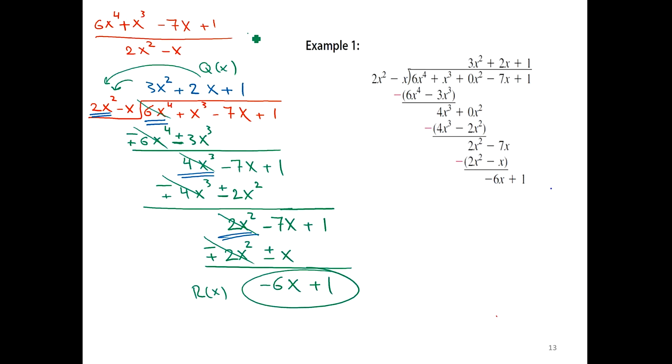So this one equals what? This is the q, 3x squared plus 2x plus 1, plus r over the divisor, where r equals minus 6x plus 1 over the divisor 2x squared minus x.